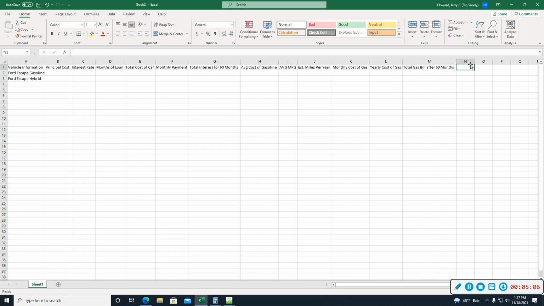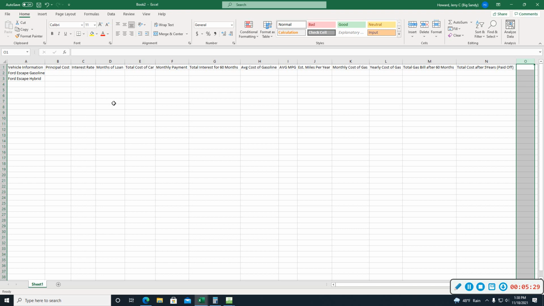And then here I want to put the total cost after I pay these vehicles off after five years, and I want to put paid off. That means I own it. That's going to tell us what kind of differences we're going to see.